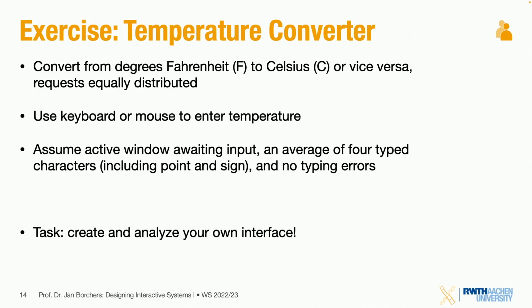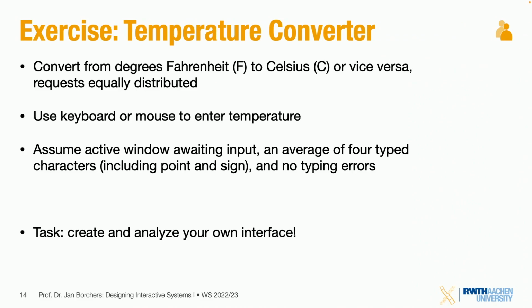So on average, to simplify things, we're going to say 4 characters for now, right? We're also going to assume for the moment no typing errors. Bob is very proficient with his keyboard, so he's really fast and doesn't make mistakes. These are all assumptions that make things a little unrealistic maybe, but not too bad. And once we have an idea for this ideal scenario, then we can think about what that means if he does make mistakes, right?